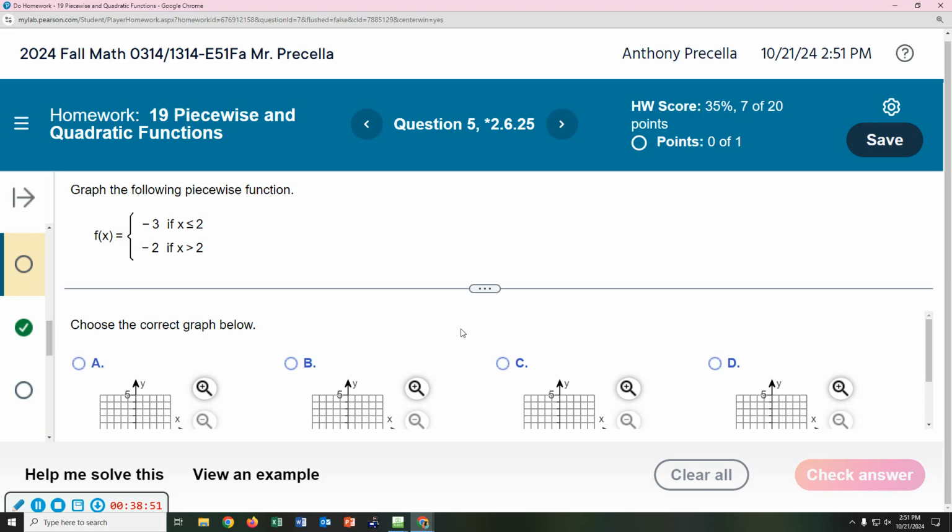There are 2 pieces here, so we're going to make 2 tables of values, table 1 and table 2. Table 1. I don't have any choice. What's the first number I must use for x in table 1?